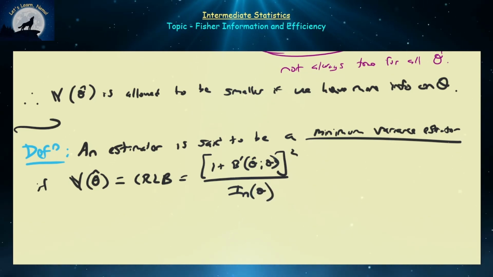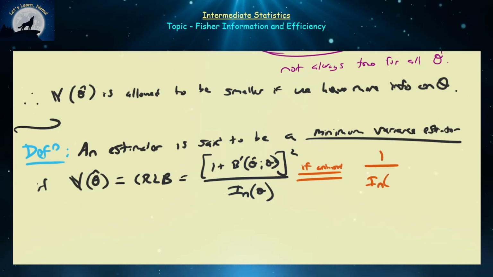Agree? That is, if it's unbiased, it's equal to 1 over I_n(theta).